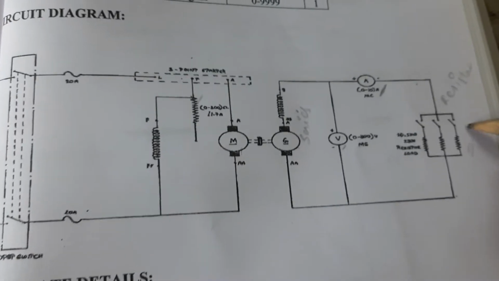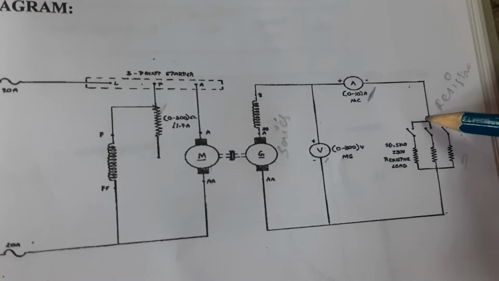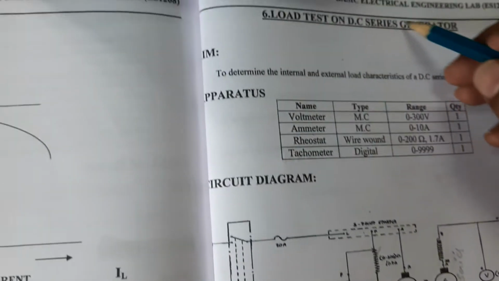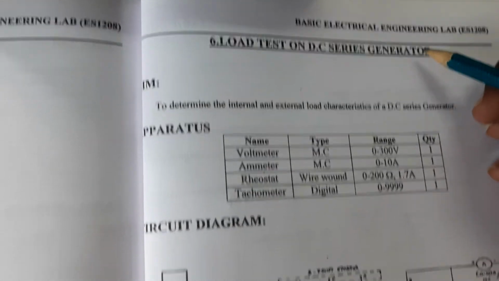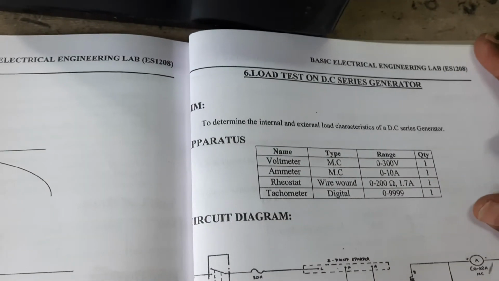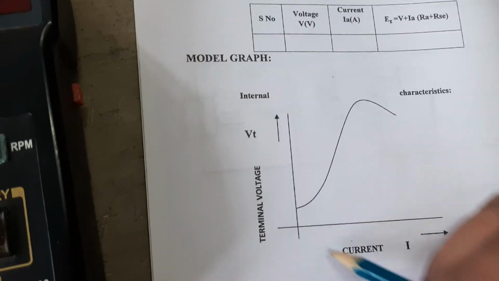Now the load is connected, and we will conduct the load test on a DC series generator. This is done in order to obtain two types of characteristics, the internal and the external characteristics.